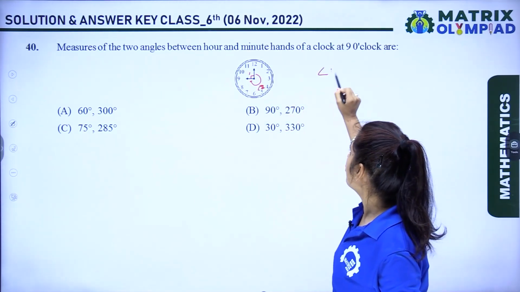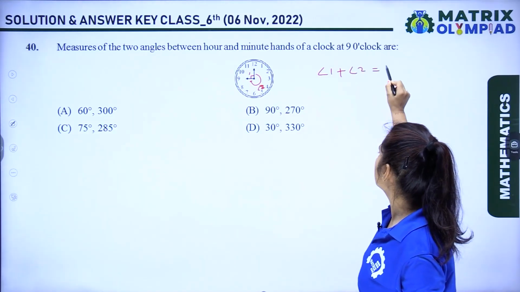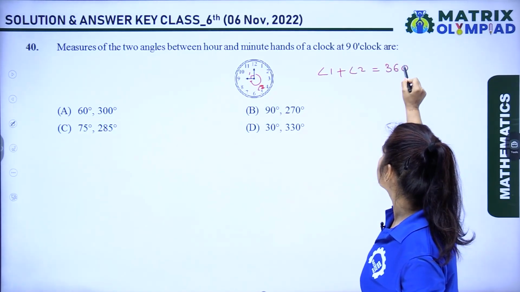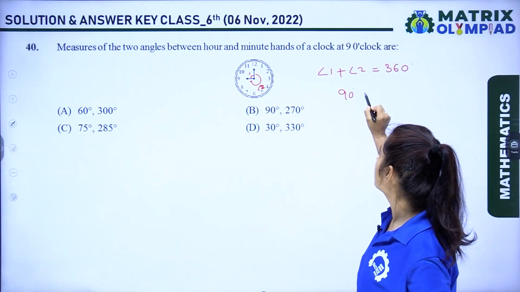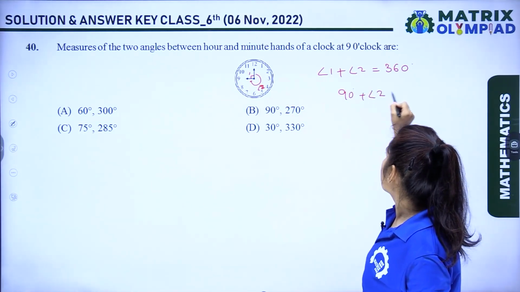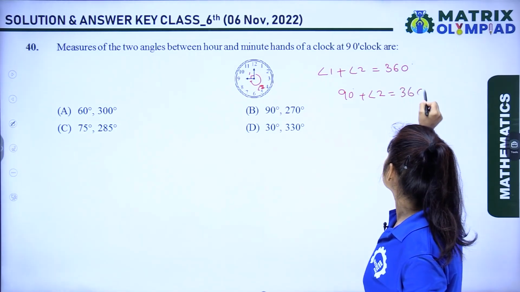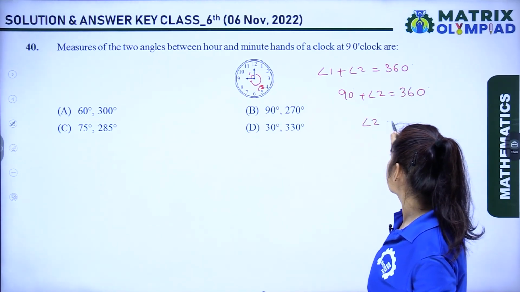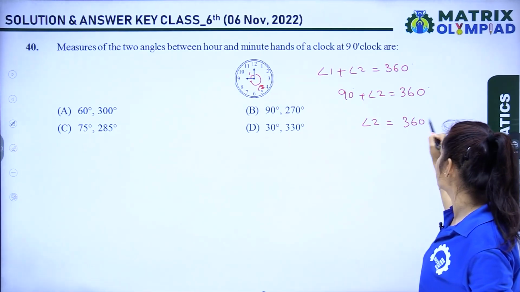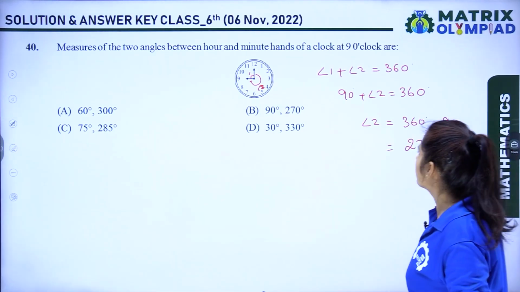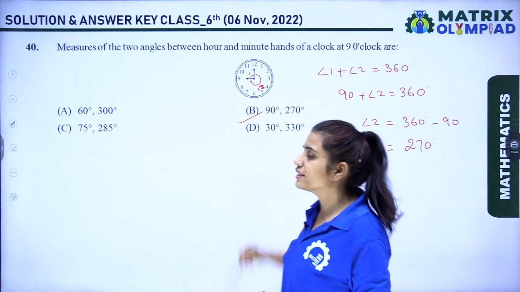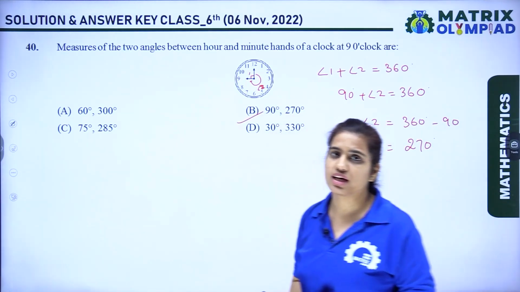So angle 1 plus angle 2 is equal to measure of a complete angle which is 360 degree. Angle 1 is 90 degree and angle 2 we have to find out. So angle 2 is equal to 360 degree minus 90 degree which is equal to 270 degree. So according to the option we can say that option B is the correct answer.